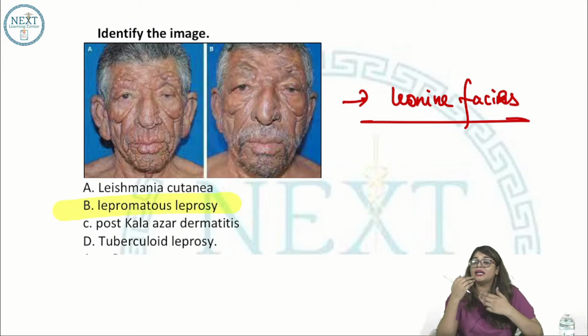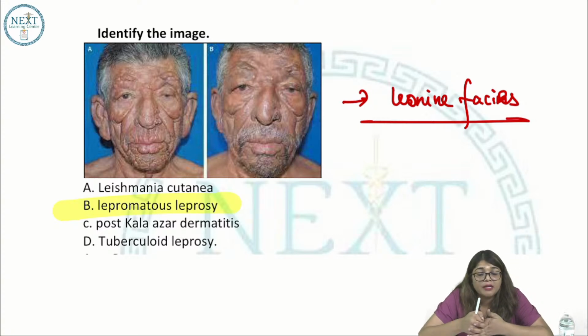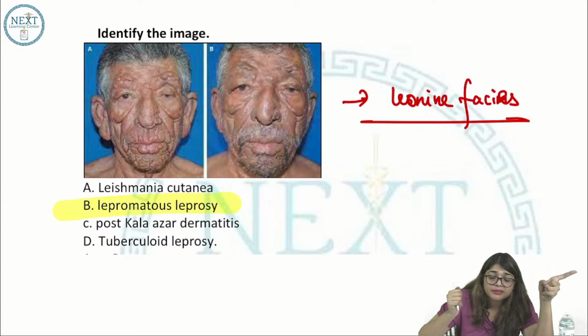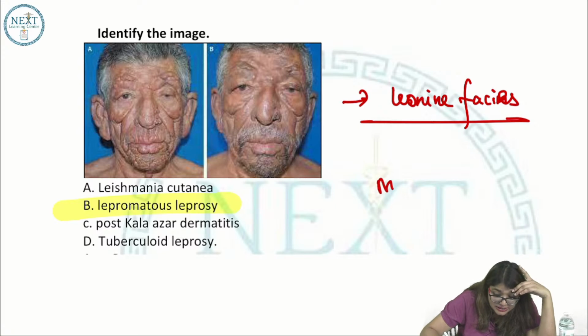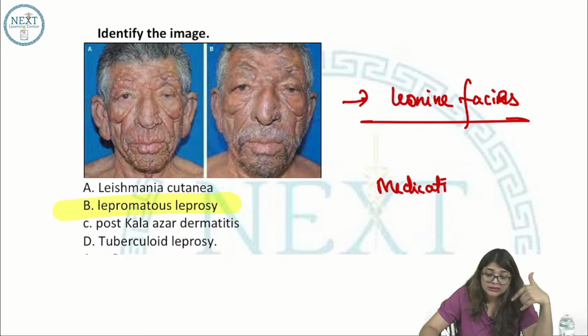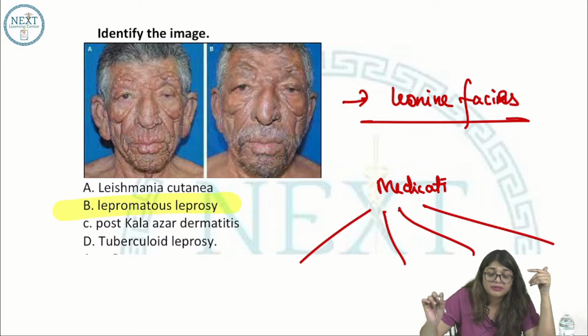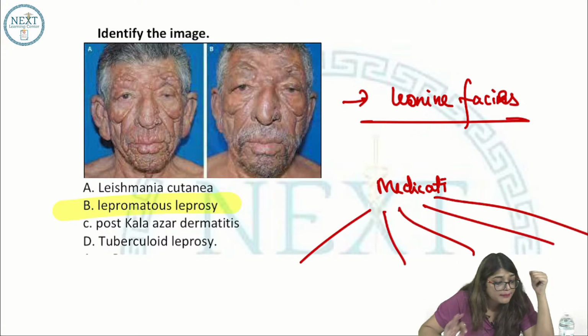Now leprosy, again, very, very important for your exam. One is the National Program for Leprosy. The other thing are the medications. What medications will you give in paucibacillary and multibacillary? Plus, what are the types of leprosy?